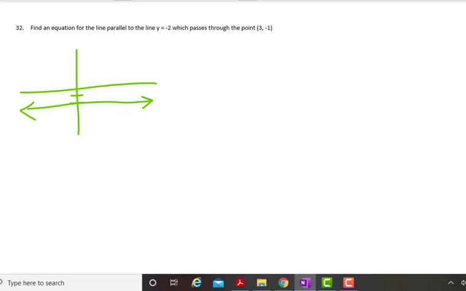So that means the line parallel to this horizontal line is another horizontal line. And going through the point 3, -1 means that y equal to -1 will be the equation for the line.